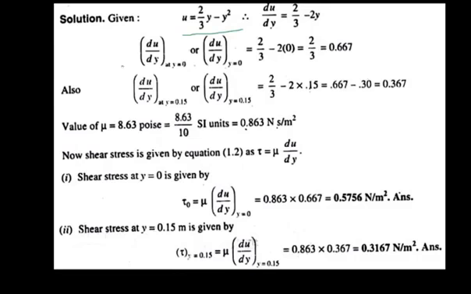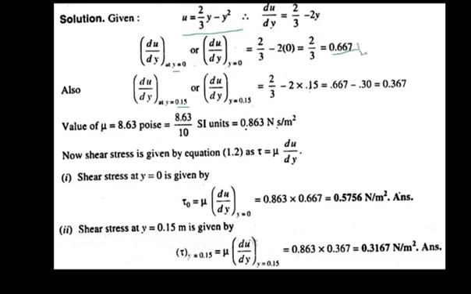So according to the problem, du by dy at y = 0 and du by dy at y = 0.15. Now take this equation, wherever y is there, you put 0. So 2/3 - 2 into 0, we'll get the answer 0.667.